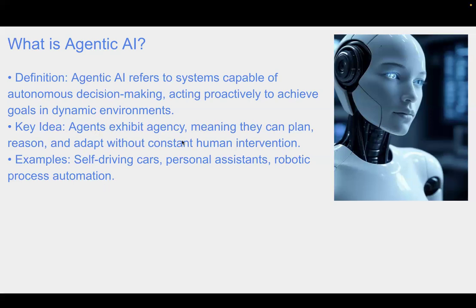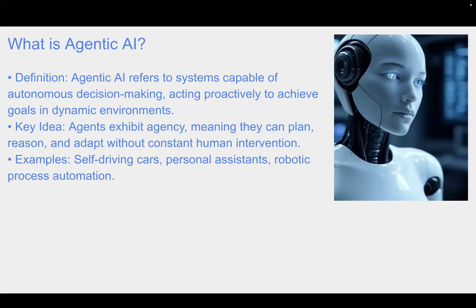So agents exhibit agency, meaning they can plan, they can reason, and they can adapt without constant human intervention. Without having to go back and change the code, agentic AI can take its own decisions, and you don't have a fixed path output.